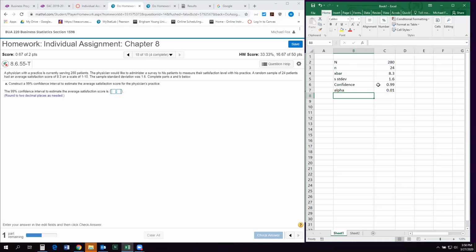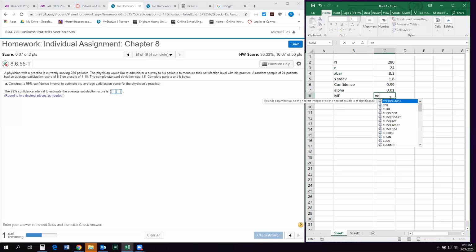Okay, so I think that's everything we need to know. So we can use the confidence function for this one to figure out our margin of error. And since we're dealing with the sample standard deviation and don't know the population standard deviation, we're going to have to do confidence.t.